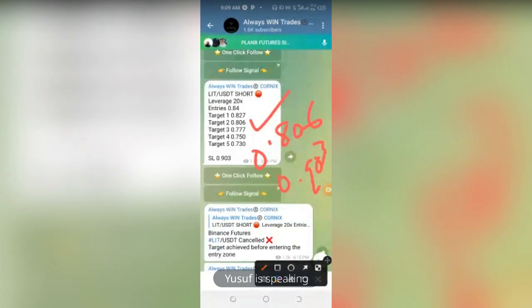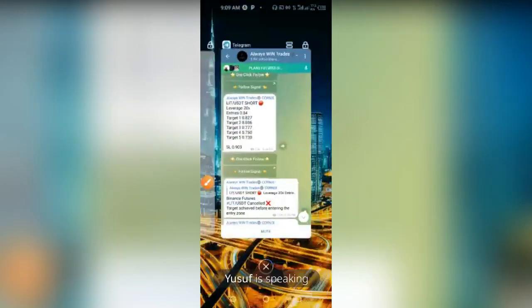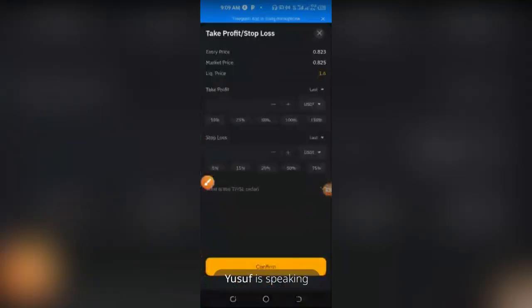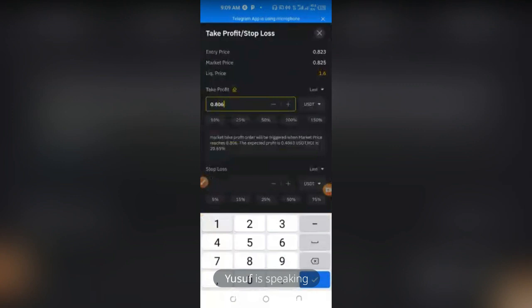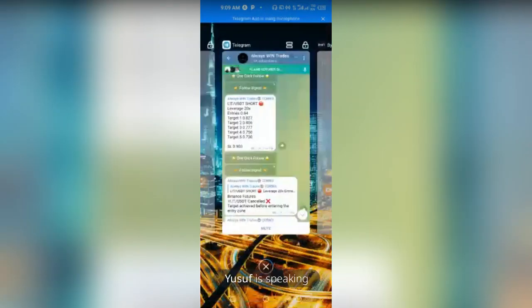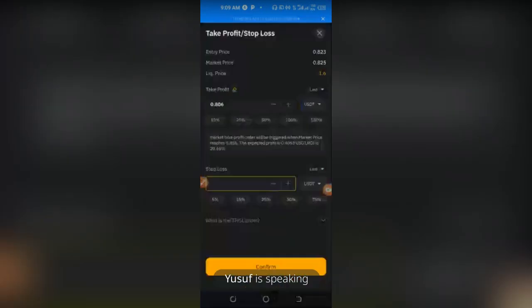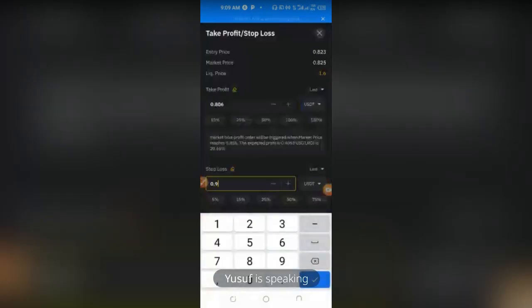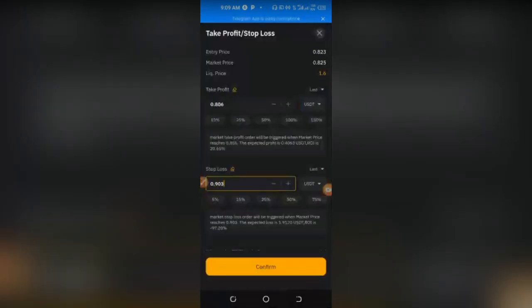So I'll put 0.806 on take profit, then on stop loss I'll set 0.903. Then I'll click confirm, the yellow button.